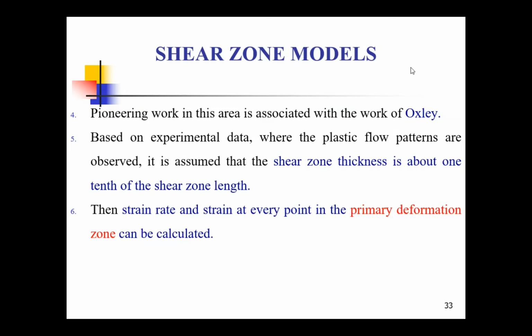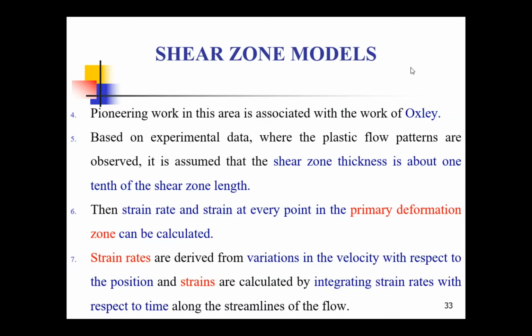So how do we calculate the strain rate? Strain rates are derived from the variation in velocity with respect to the position of the element, and strains are calculated by integrating the strain rate with respect to time.